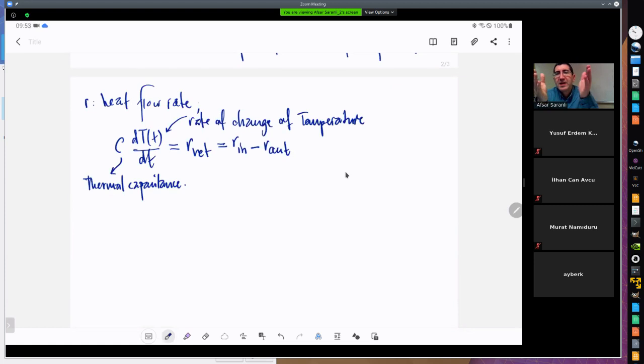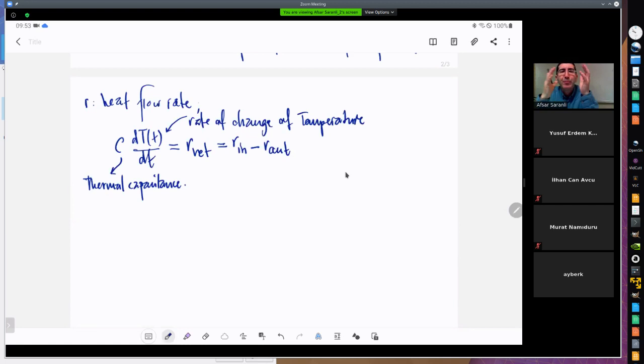Or if you're talking about a component, the voltage difference is across the component terminals. Similarly, the temperature is also a relative quantity. It is always in reference to a reference point.